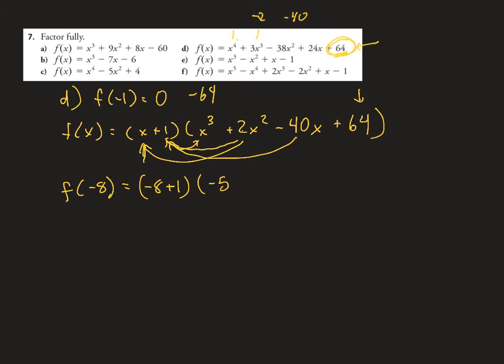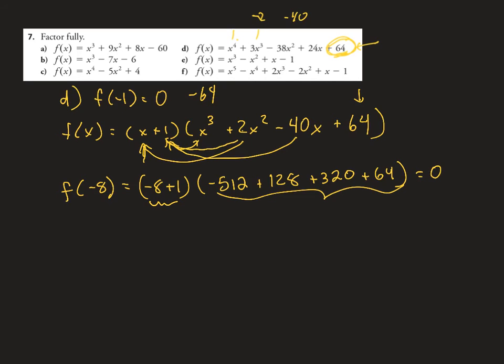So negative 512 plus negative 8, 64 plus 128. Plus 320. Oh, this is looking promising. Yep, this does equal 0. So this is going to be negative 7 times 0, which is 0.